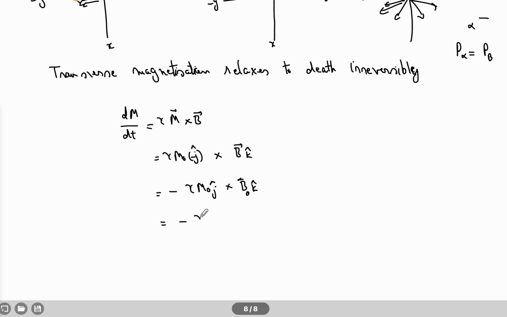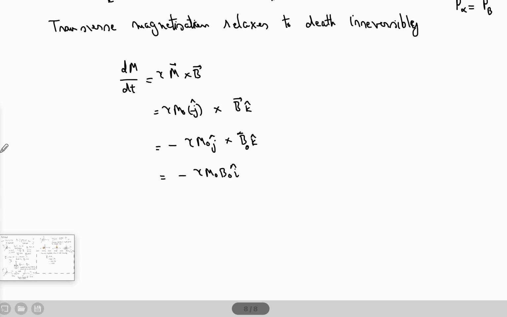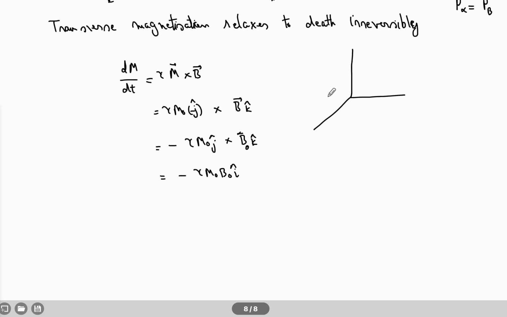So minus gamma m naught B naught i. So now my magnetization has gone towards i, now minus i. So it was minus j, and now this is minus i. So it has gone to this side.